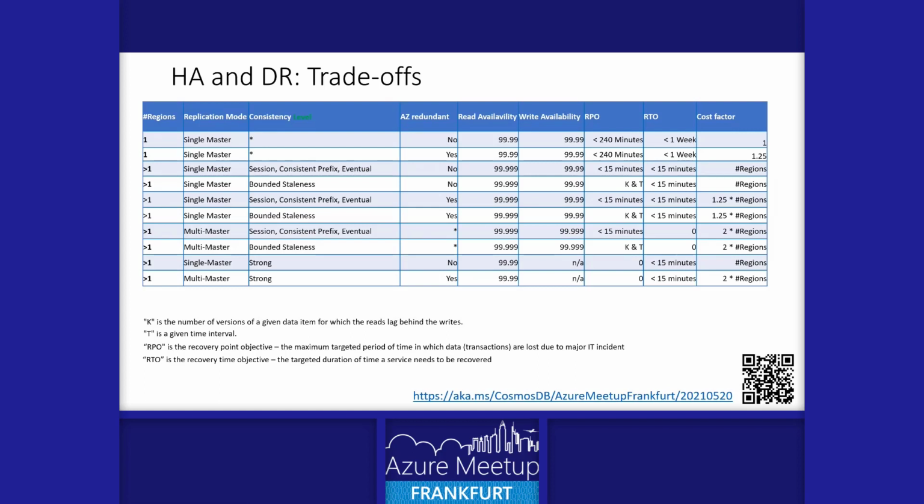The main thing I wanted to call out here is, like I mentioned before, when you enable multiple regions, you get some benefits. Like when we compare, for example, a single region, like the first 2 lines, we see that the best read and write availability is 4 nines. You cannot get better than those 4 nines. You also see that the RPO, the recovery point objective, and RTO, the recovery time objective, are pretty bad.